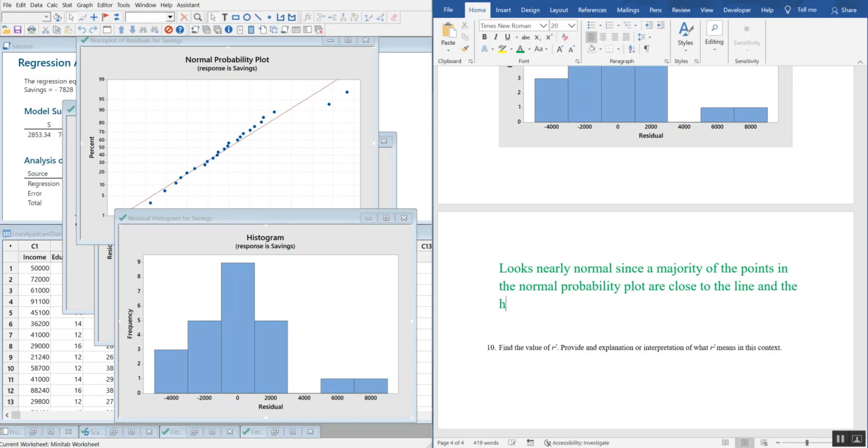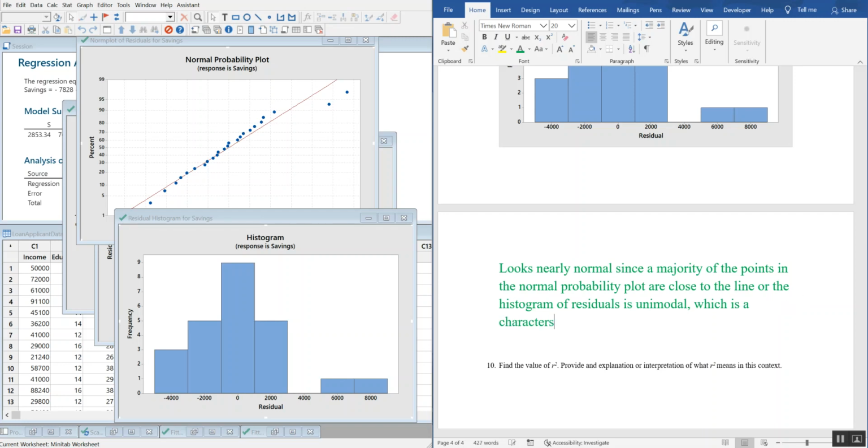and the histogram, I shouldn't say and, it's or. You really only have to look at one of them. Or the histogram of residuals is unimodal, which is a characteristic of the normal distribution.